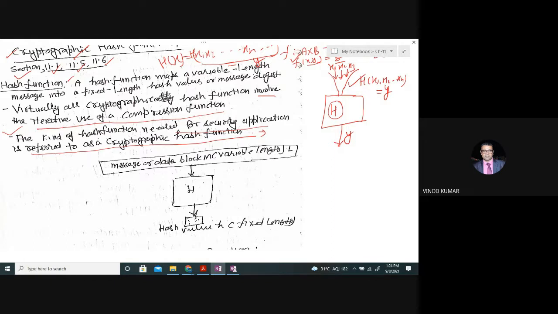From my side, I'm working on authentication and signature protocols. Recently, I'm working on authentication and signature protocols.